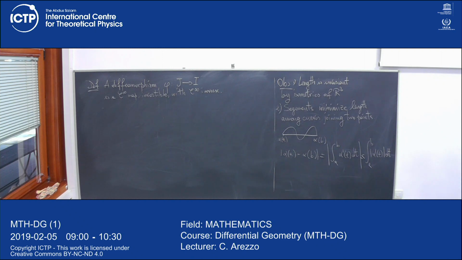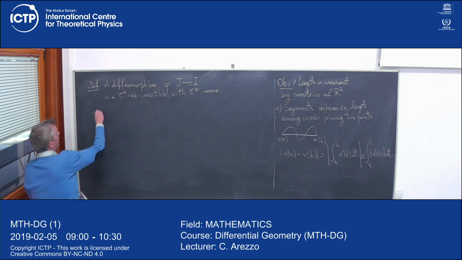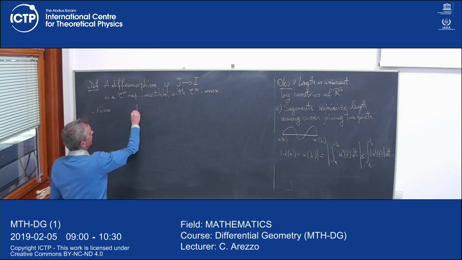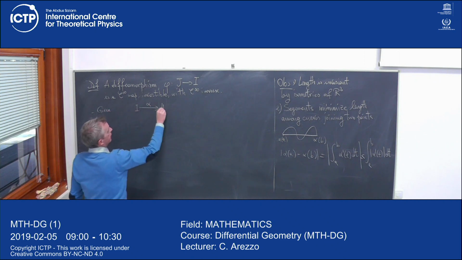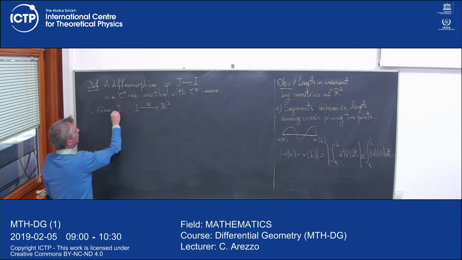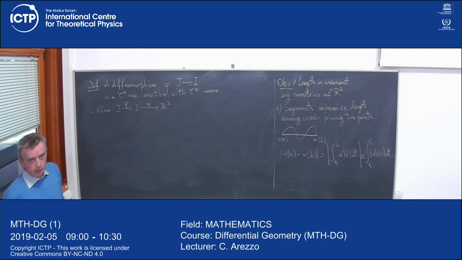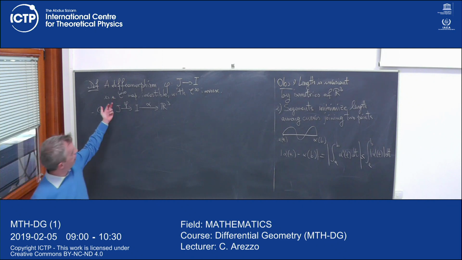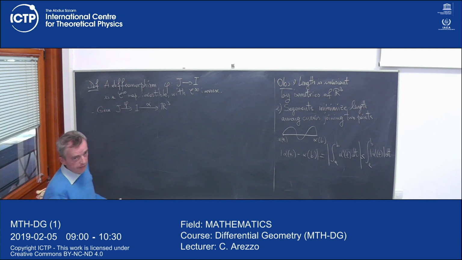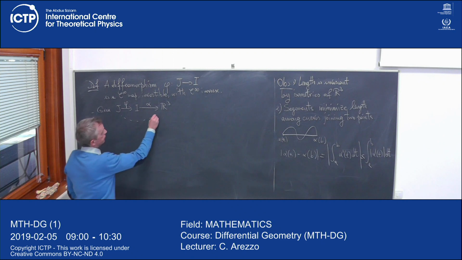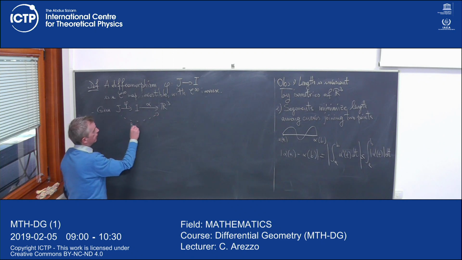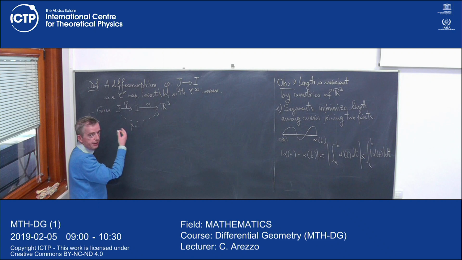Okay. Now, the point is that given I, alpha, R3, and of course, as you can see, every time I have a diffeomorphism from J to I, I have a new curve. Technically speaking, it is a different curve because it's a different map.